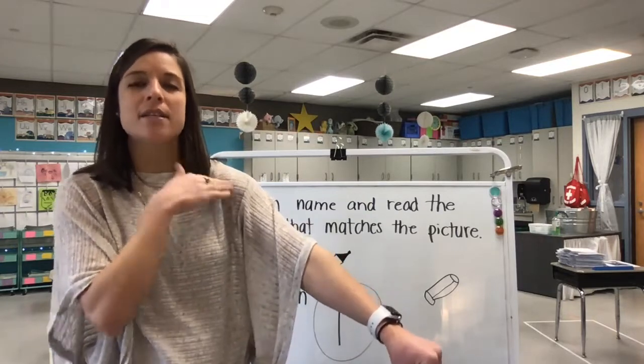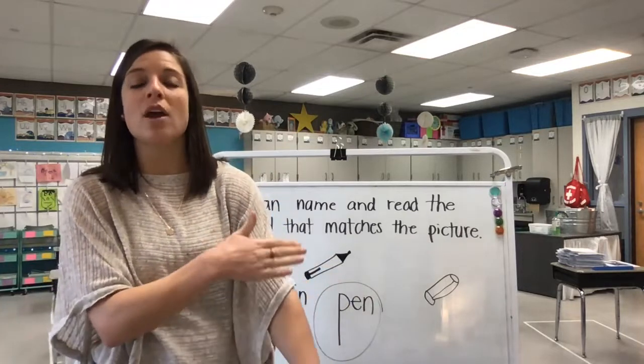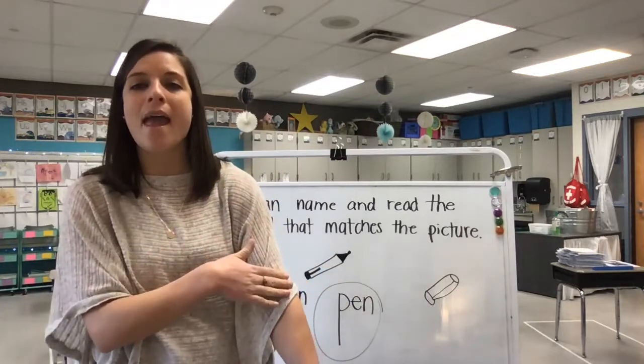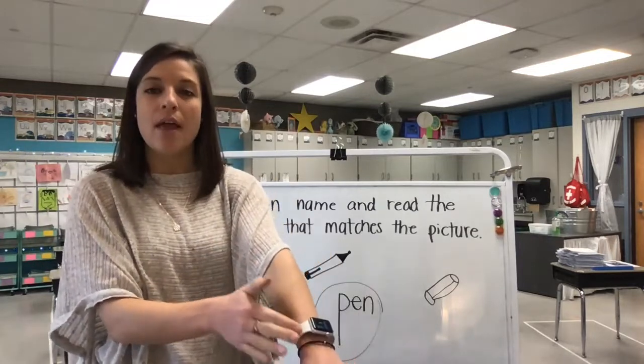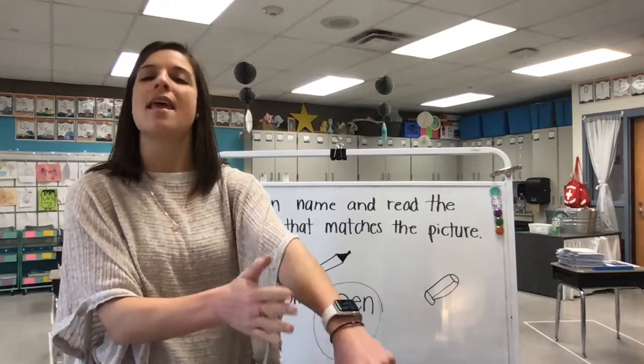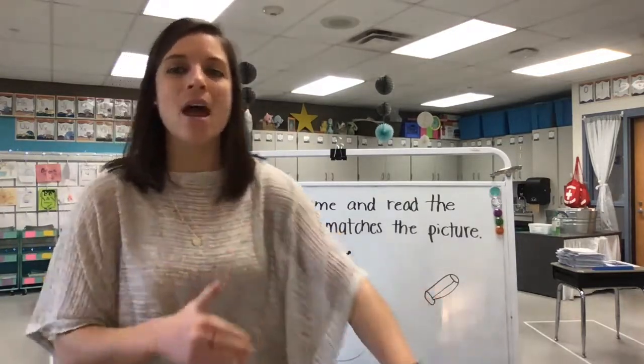F. F says f. What vowel do you hear? A. Oh, I hear A. A. N. What is our last sound you hear? N. So we're going to look for the letters F-A-N on our paper.